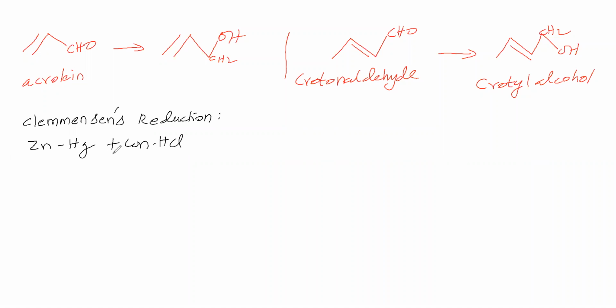This Clemmensen reduction converts the carbonyl group into a methylene group, CH2. It does not affect the CC double bond or the CC triple bond.